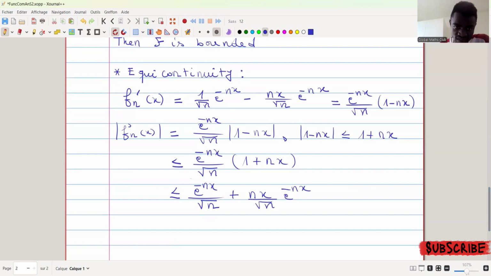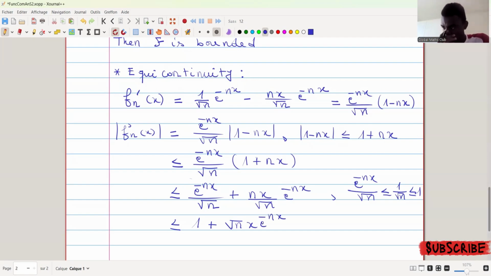Now, what you can see is that this quantity is less than 1, since the exponential of minus x is less than 1. So we have this one less than 1 over square root of n, which is also less than 1. Now, this one is going to give us square root of n x exponential minus x.